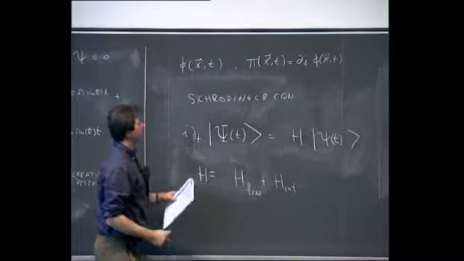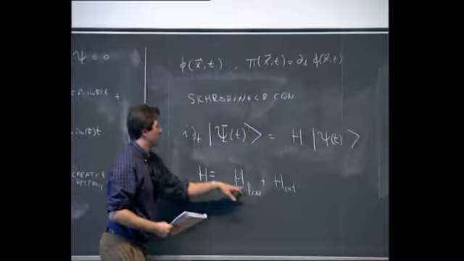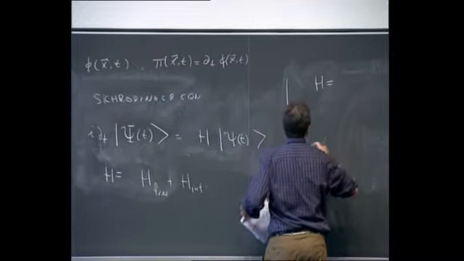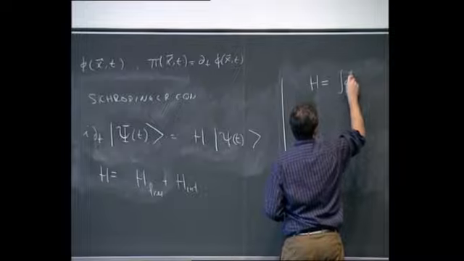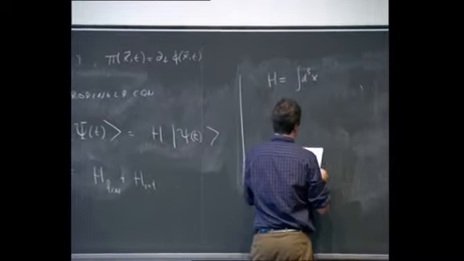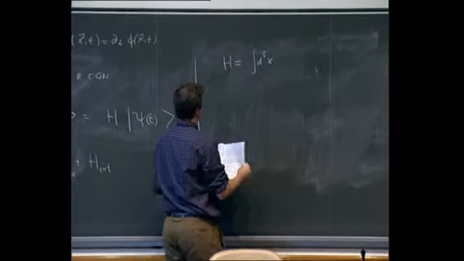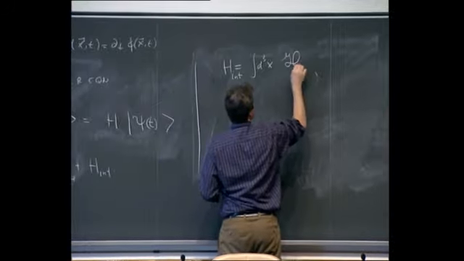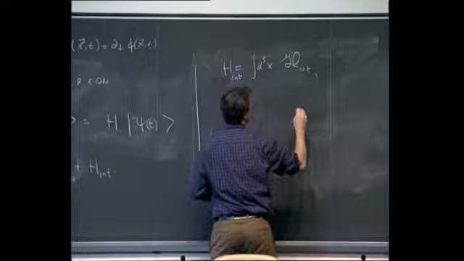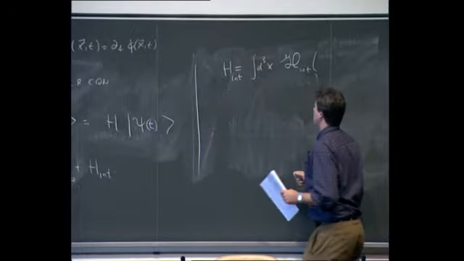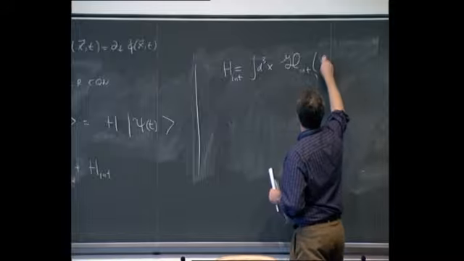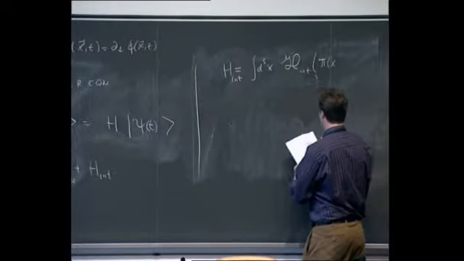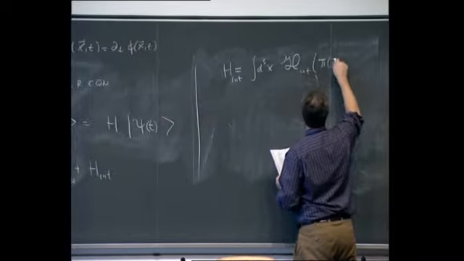And also spatial derivatives. So the expression for this Hamiltonian will be that it's an integral over space over some density, and I'll actually write down this density as curly h, and it's some expression which involves the fields pi of x and t.